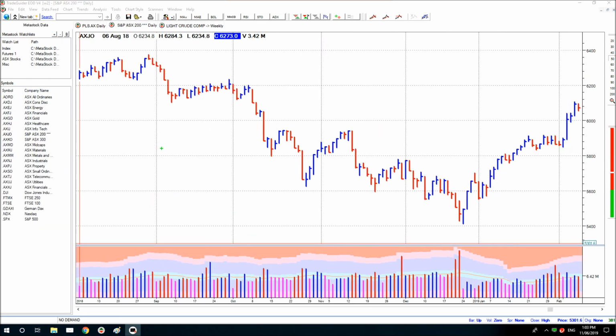And now we've got a chart of the XJO, the parent index of the local market. It had been trading sideways for quite a period here, and you can see price broke down here. The subsequent buying wave was long and drawn out, but it was never able to recover the breakdown line.